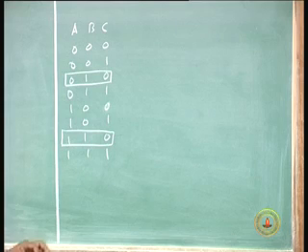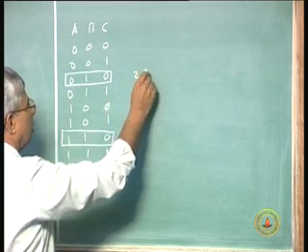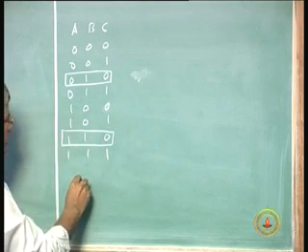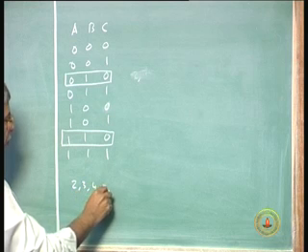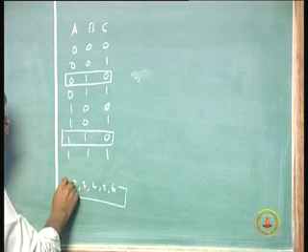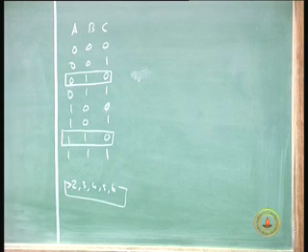I want counts 2, 3, 4, 5, 6 and back to 2. This is the cycle I want. I do not want to count 0 and 1, I do not want to count 7.